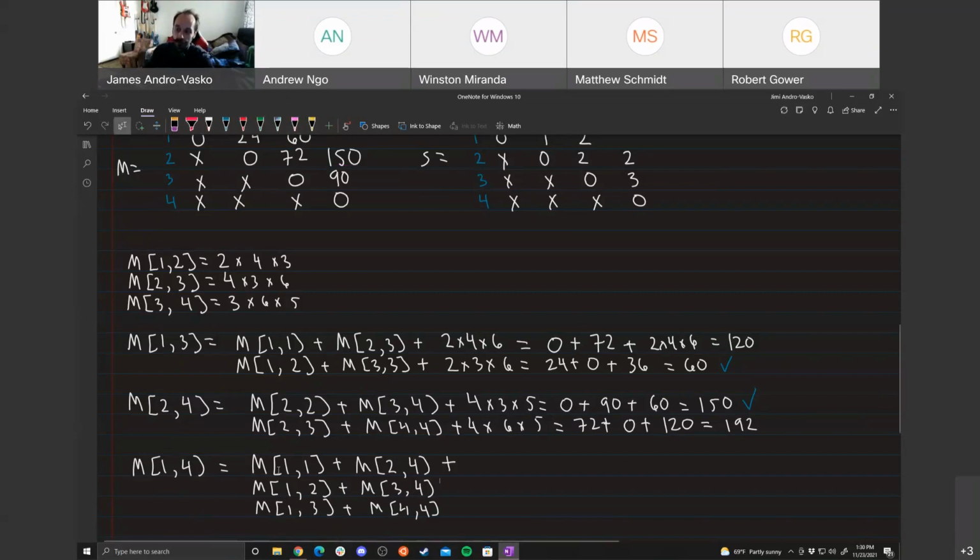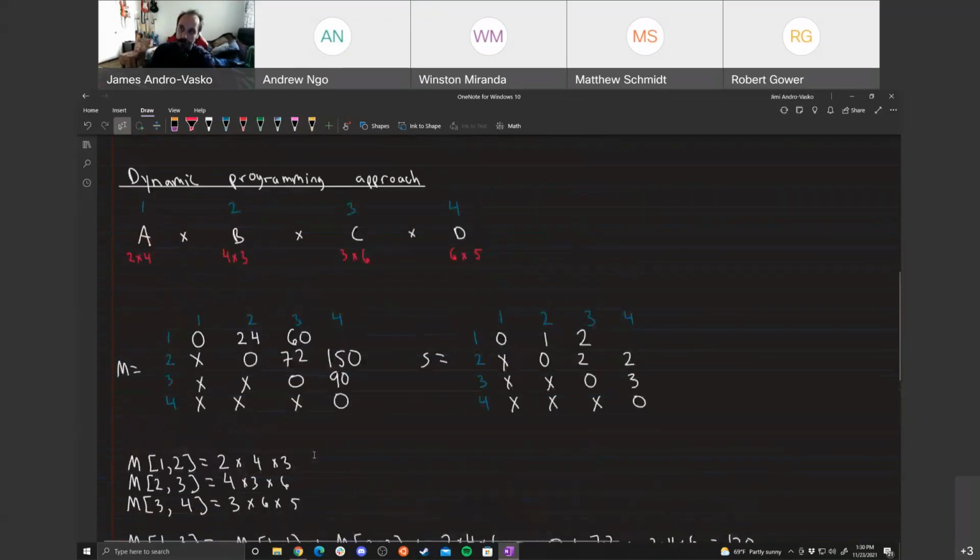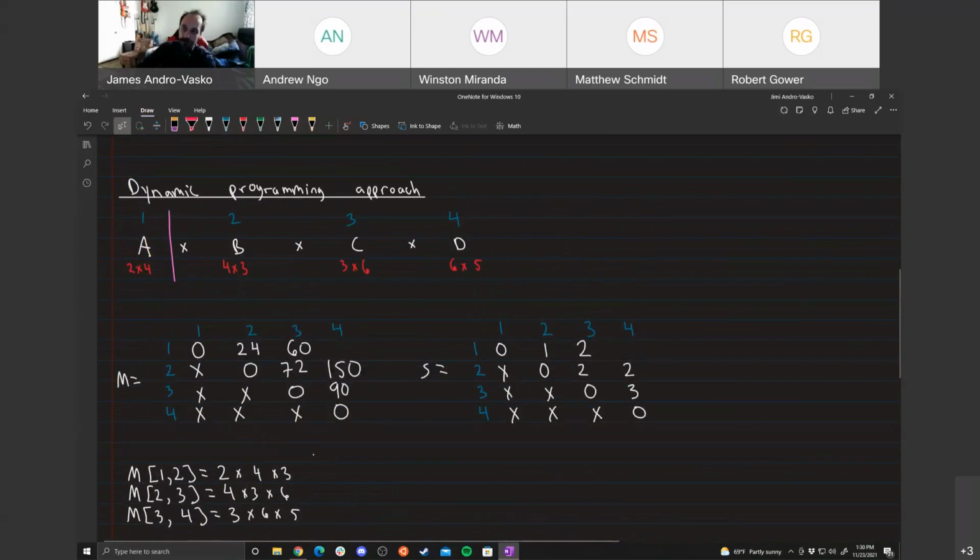So if I use 1 for my cutoff point in this example, that means I'm going to draw a line right here, which means that I'm going to multiply B times C times D, and then multiply the result to A. B times C times D is M24, and we already know the answer to that. It's right here.